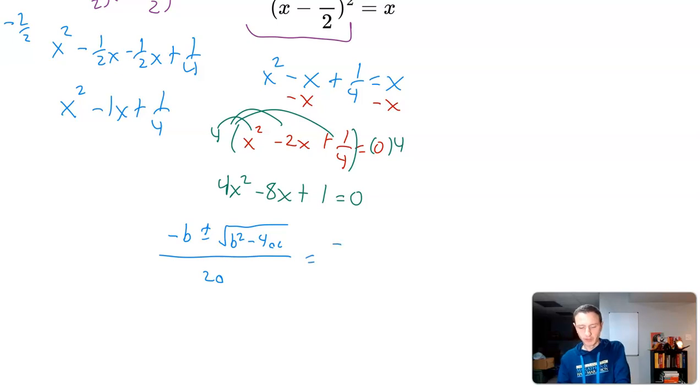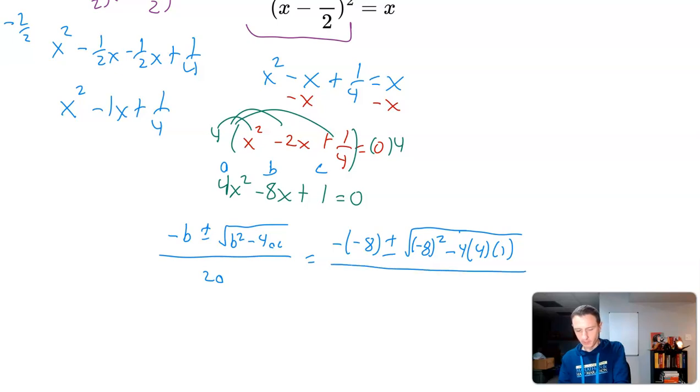So we're going to do negative, and our b term is negative 8. So this is our a, this is our b, this is our c. Plus and minus the square root of b squared. So that's going to be negative 8 squared minus 4 times the a term of 4 times the c term of 1, all over 2 times 4.